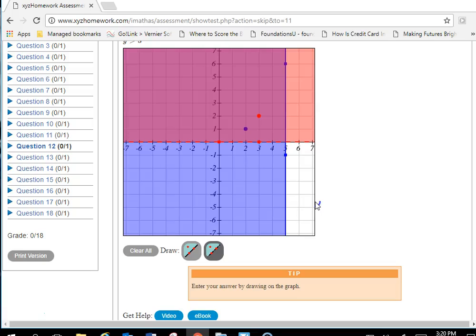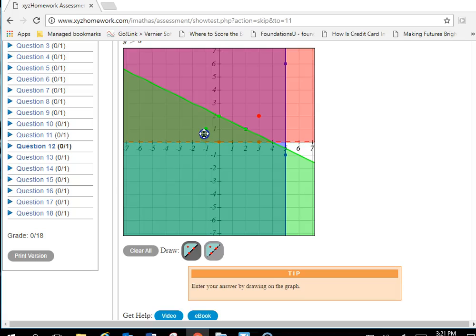Now let's draw that last equation, y equals negative 1/2 x plus 2, and that also has an equal sign, so I'm going to grab that. So my y-intercept is at 2. I have a slope of negative 1/2. So I'm going to put a line there, and y is going to be less than or equal to this line.